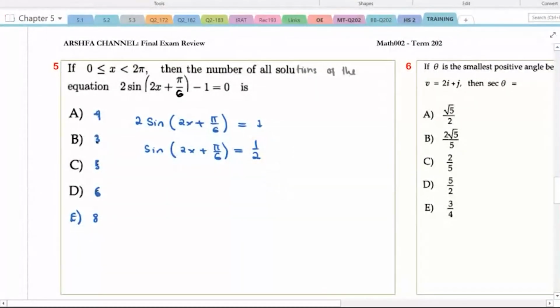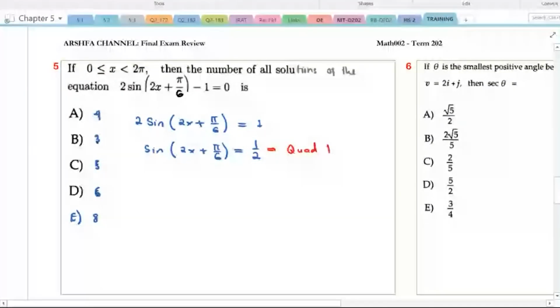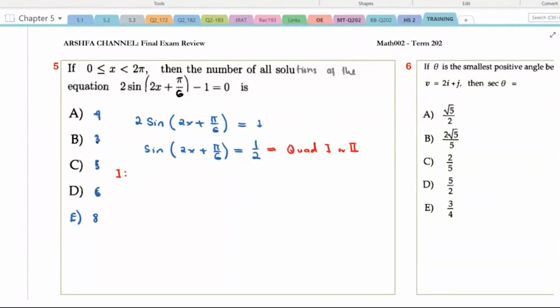Now, gentlemen, here we have sine to be a positive number. If sine is positive, that means we are talking about quadrant number 1 or quadrant number 2. It means that we are going to find the answer in 2 quadrants. So let's start with quadrant number 1. In quadrant number 1, when do we say sine is equal to a half?